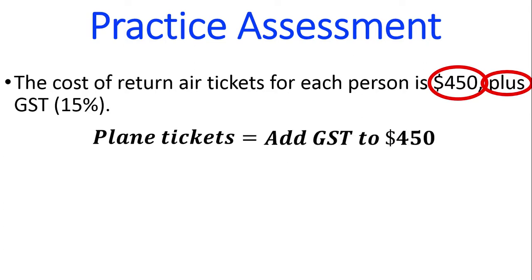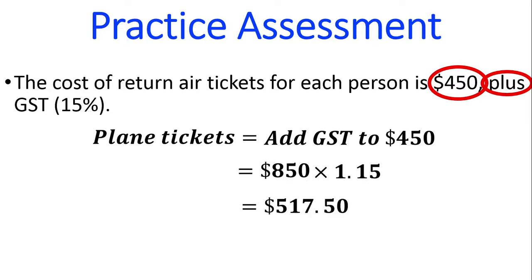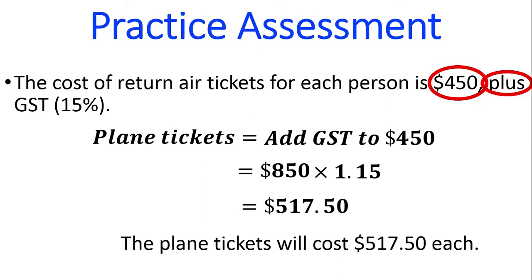So that means I'm going to do adding GST to 450, so I'm going to take my 450 and multiply that by 1.15. If we had to remove GST, we'd be dividing, but adding GST means we are multiplying. Type that into our calculator and we get an answer of $517.50. So then a sentence, the plane ticket will cost $517.50 each. So there are 4 skills for a practice assessment, of which you need to be able to do 3 of those to get to your achieve level.